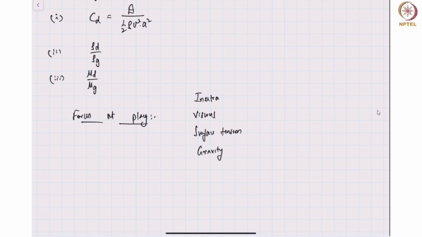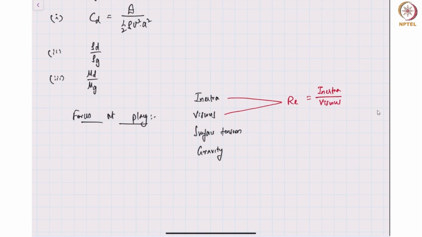Okay, now I can come up with various combinations of these forces such that I can come up with non-dimensional groups. If I think about inertia and viscous force, I have the Reynolds number. This is inertia to viscous force.